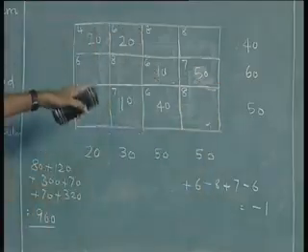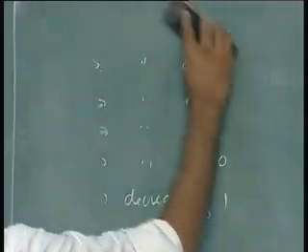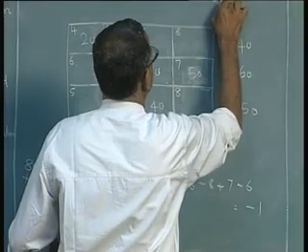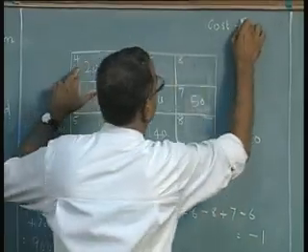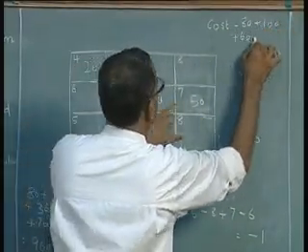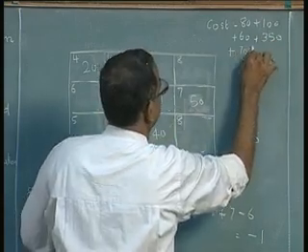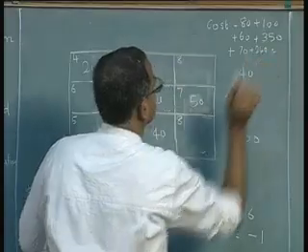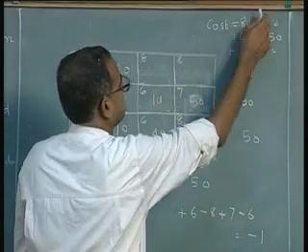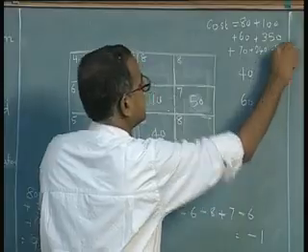So this is the next basic feasible solution which we have, and the cost associated with this solution will be 80 plus 100 plus 60 plus 350 plus 70 plus 240, which is 200, 260, 610, 680 plus 240 is 920.